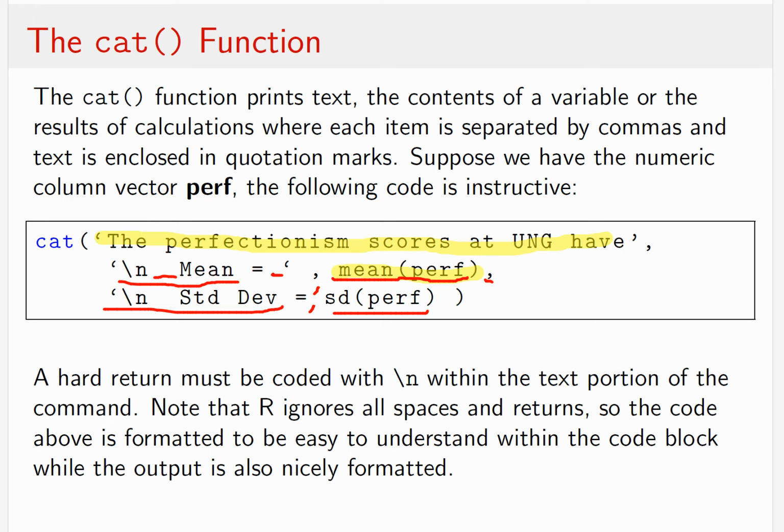So that does allow you to throw some of those in just to format the code block so it's readable. But the output is only going to have hard returns if there's a backslash n within the text portion of the command. All right, so again, examples will help you learn how this goes, but the cat function is very useful.